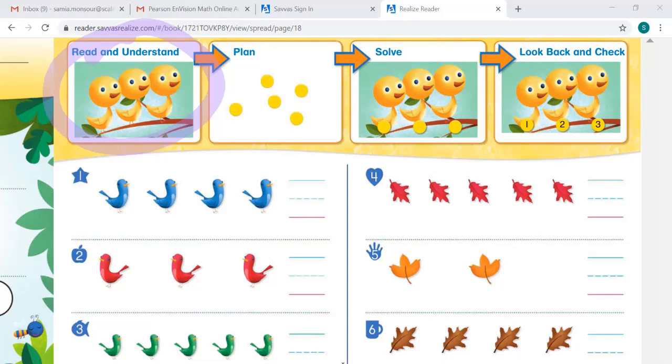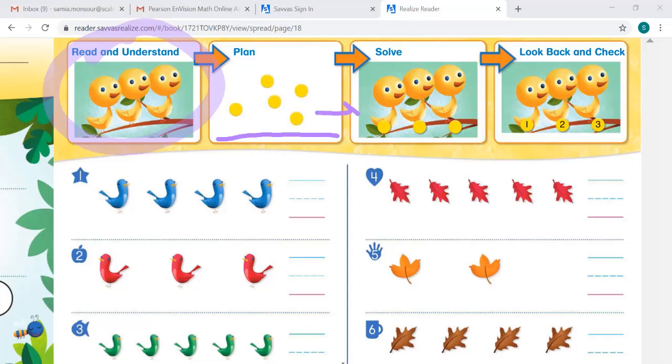We can count them. That is correct. So, how could you use these counters to help you count the number of birds? Well, what we could do is we could place a counter on each bird as I count them.